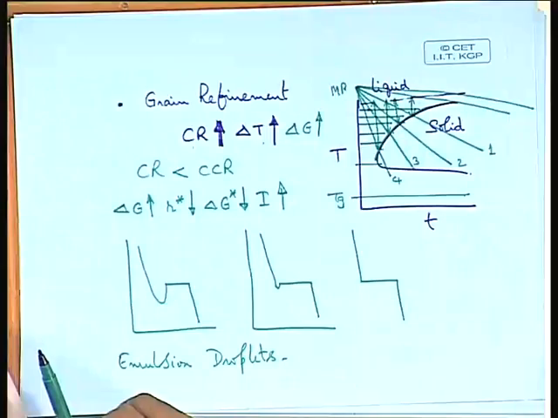That is one part of the story. It is not the complete story. So you can get grain refinement or microstructural refinement. Grain refinement is in the case of pure metals, but most of the engineering materials are not pure metals. You use alloys, many times multi-component alloys. So you want microstructure refinement.